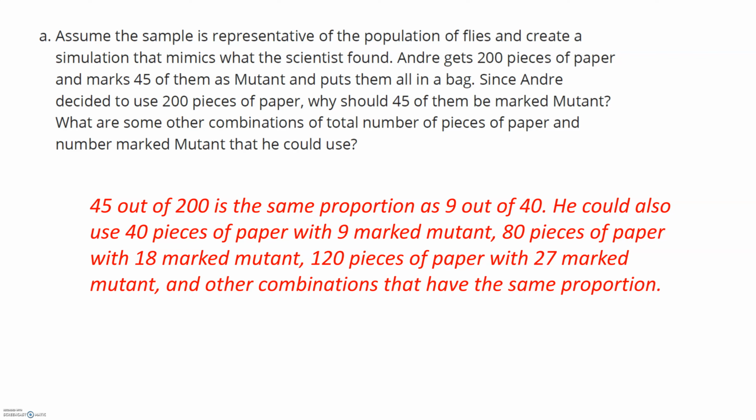Basically, if you are given a sample that's small but you want to take it to a larger sample without having to, in this case, kill animals, we're talking about people, hopefully, or something else, you can simply use other proportions that are equivalent.